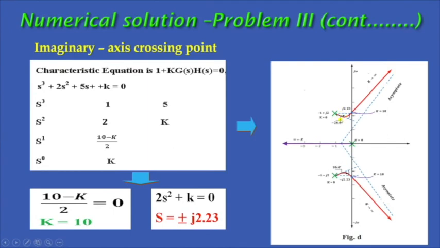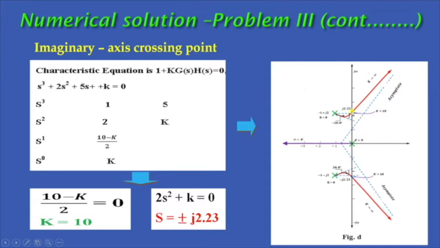Then draw minus 26.6 degrees from this pole, and from the other pole draw plus 26.6 degrees. So the root locus starts from these two complex poles at an angle of minus 26.6 degrees and plus 26.6 degrees, and departs and finishes at infinity along the asymptotes. Both are symmetrical with respect to the real axis.